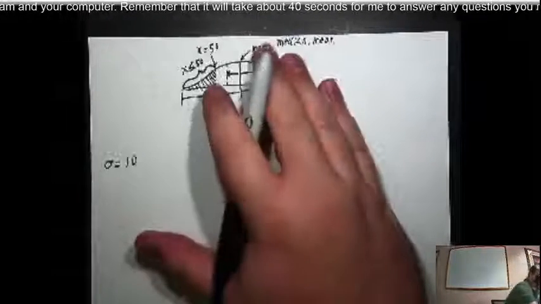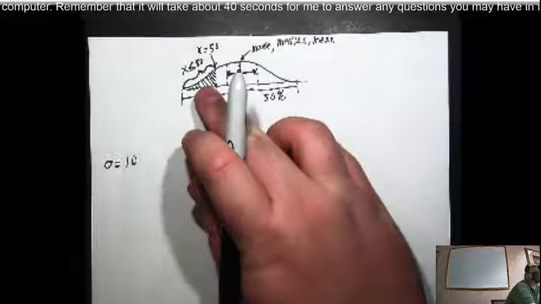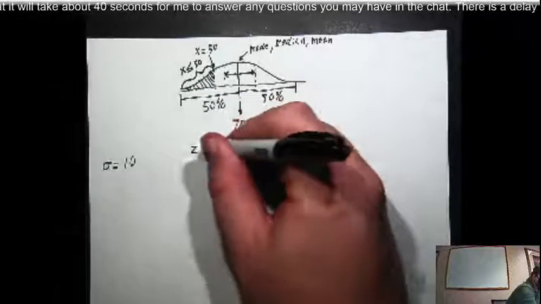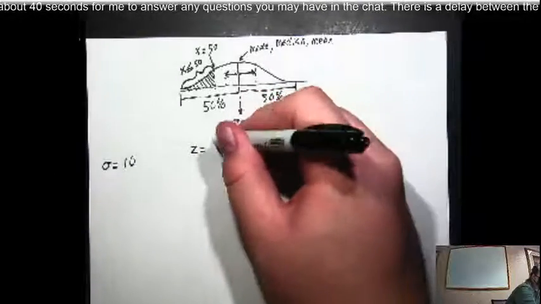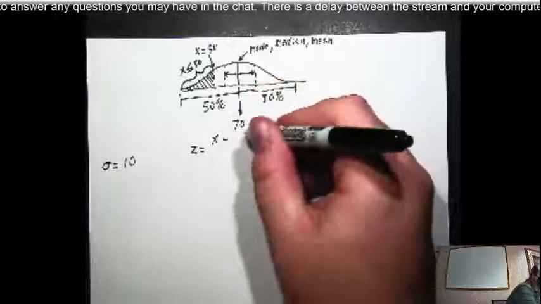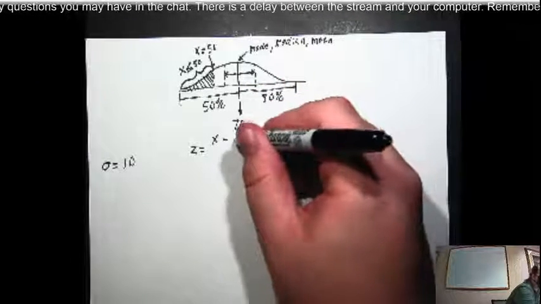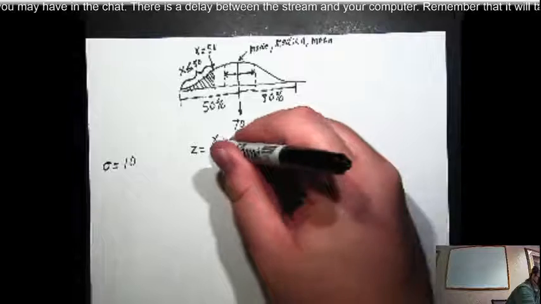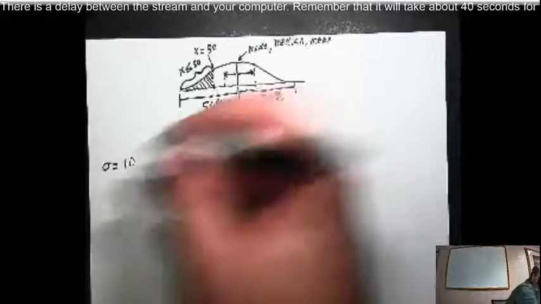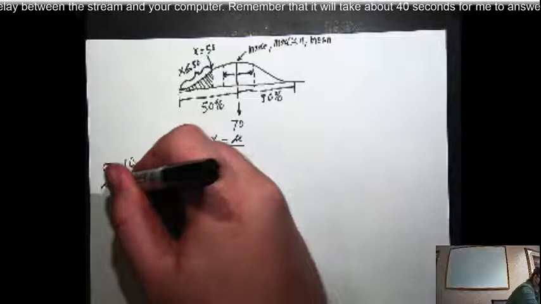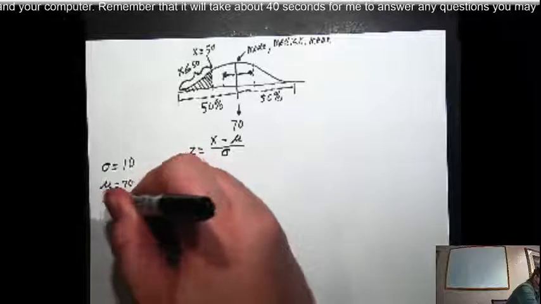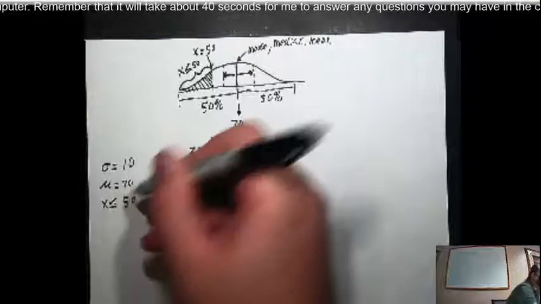So to find how much of our data is represented by this area here, we need to have a z-score. And a z-score is calculated by taking the x value that we're looking at and subtracting the mean from that, and then dividing it by the standard deviation.